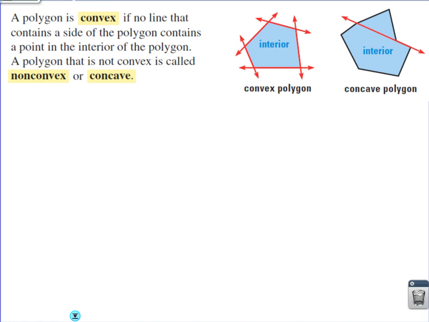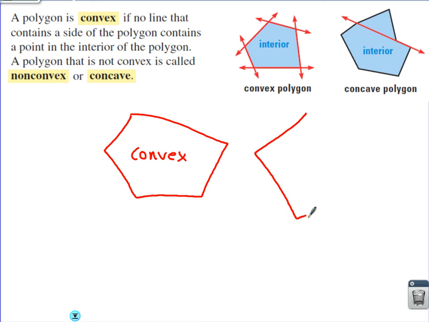You have two different types of polygons, and I don't like the way that they describe this. You have either concave or convex polygons. Here's how I remember this. This is a convex, and this is a concave. You know why?